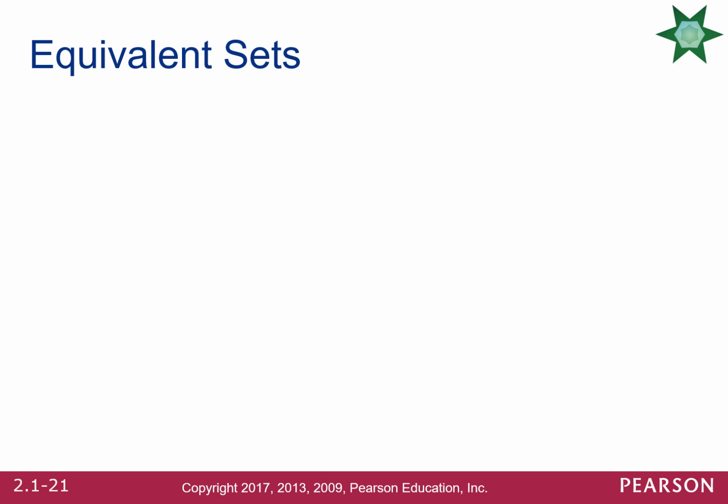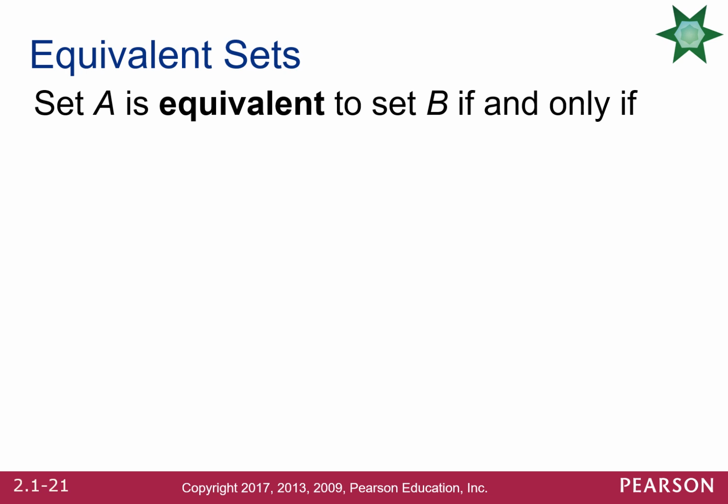Now there's another terminology that we should be familiar with. It's called equivalent sets. What makes two sets equivalent? Set A is equivalent to set B if and only if n(A), the cardinal number of A, is the same as the cardinal number of B. Then they are called equivalent sets. So there's a difference between equal sets that we learned before and equivalent sets.